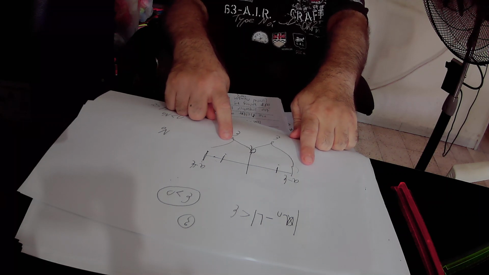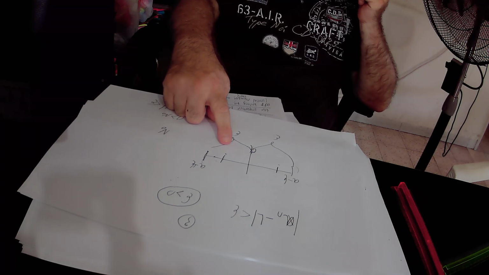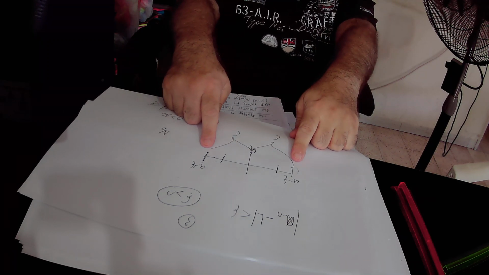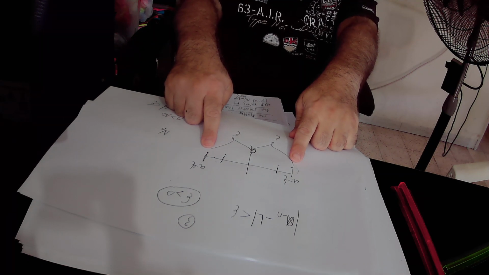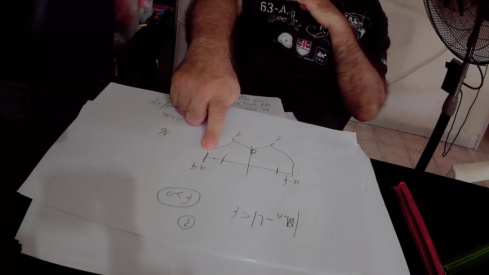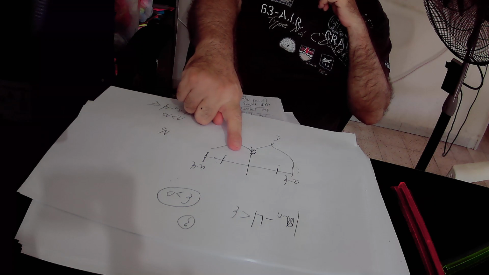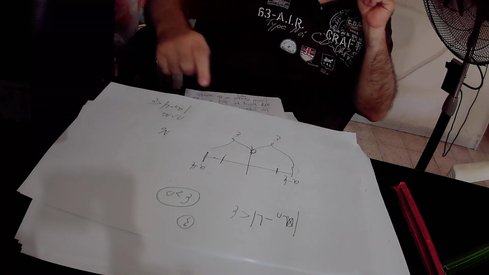Most of the members of the sequence that converge to A must be located inside those two brackets, A minus epsilon until A plus epsilon. That is to say, infinite members of the sequence that converge to A must be located inside those two brackets.